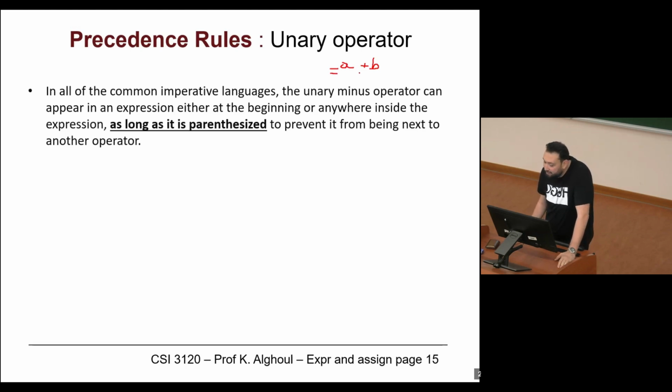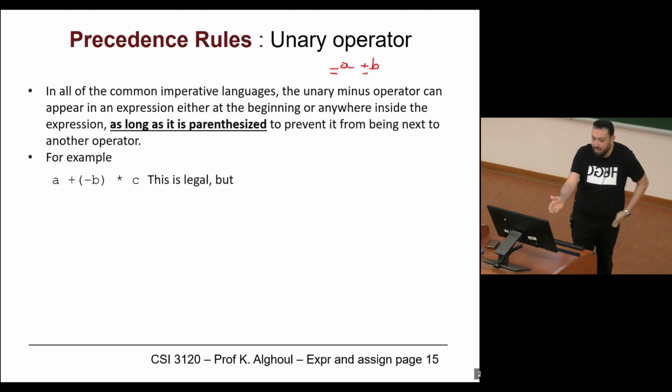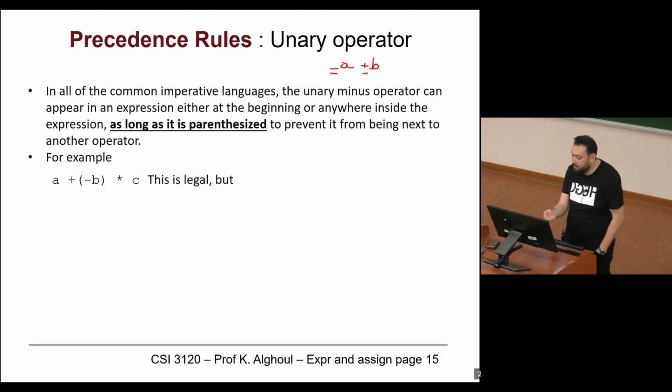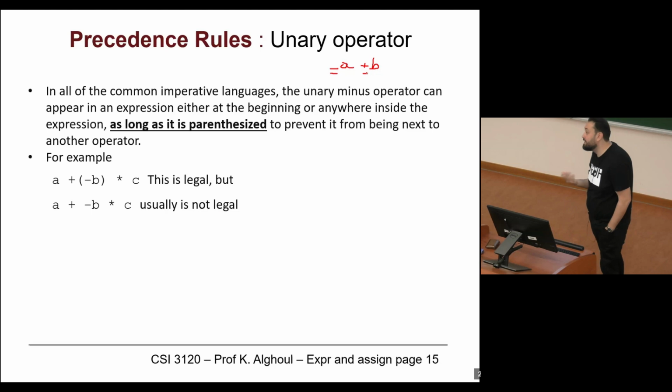But if the minus is inside, it's not going to work. There is a problem in the semantics for the machine to understand it. That's where I need parentheses, for example. If I have this A plus minus B times C, this is legal. It's going to understand it. But this one, usually it's not legal.